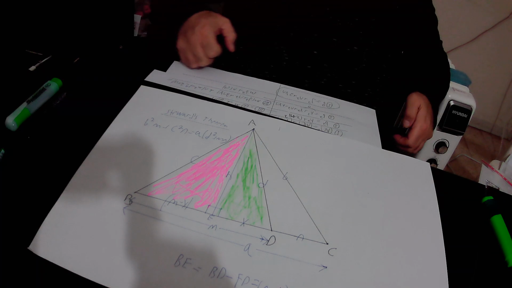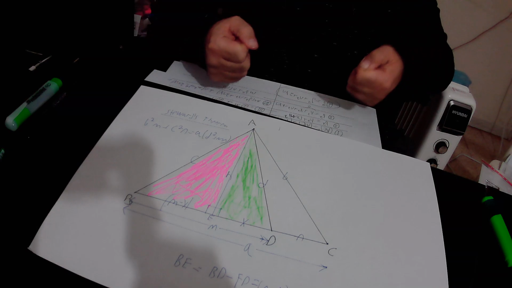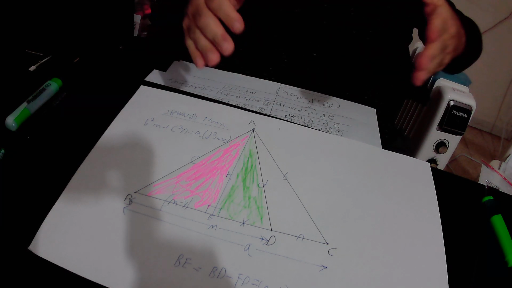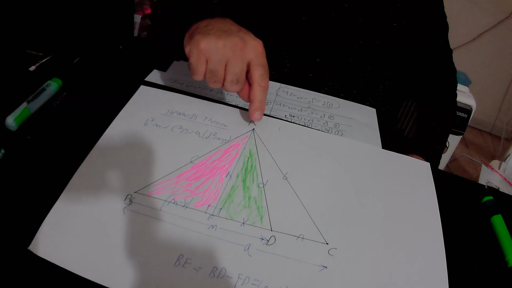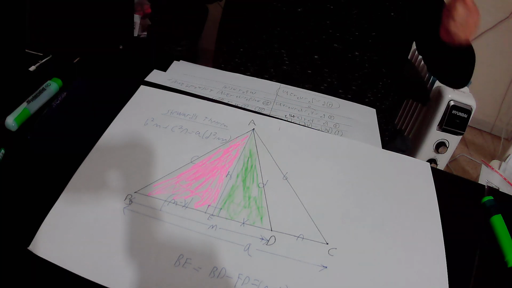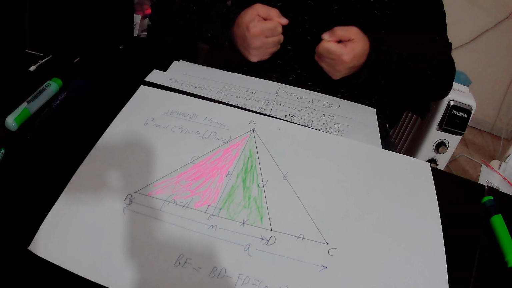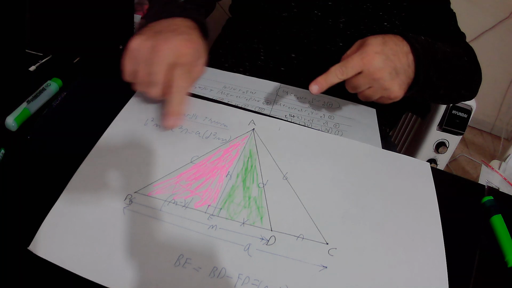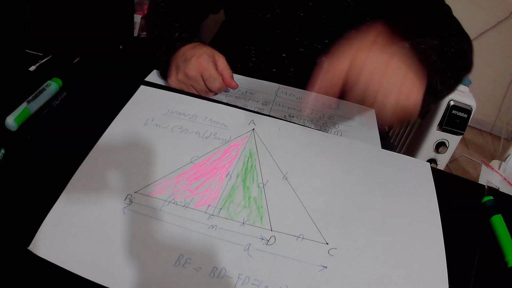In a nutshell, Stewart's equation yields a relation between the side lengths of a triangle and its Cevian. The Cevian here is AD.